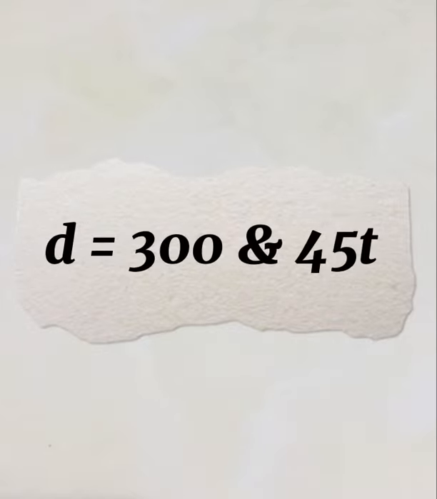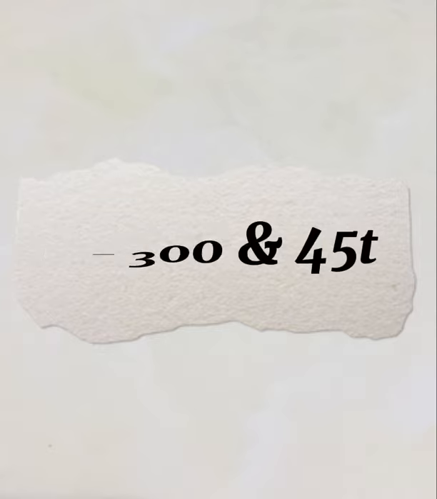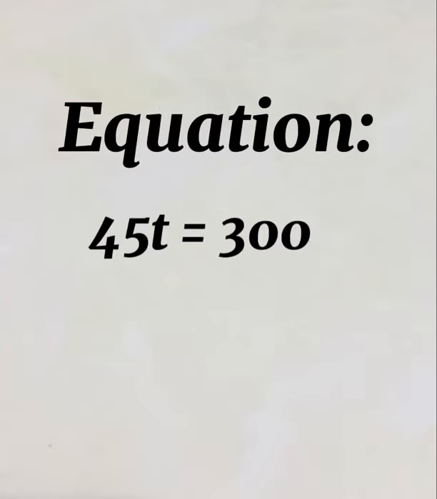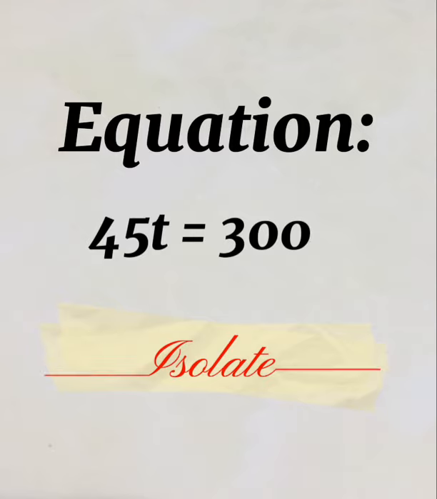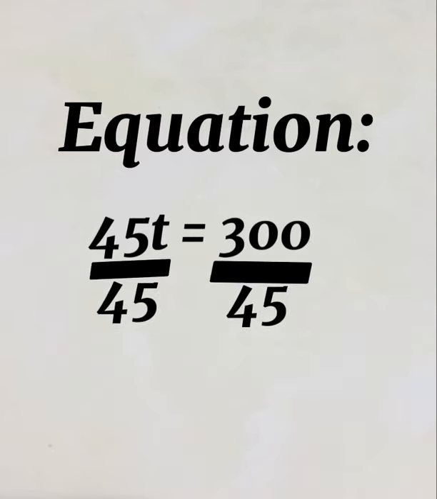Since the distances traveled in both cases are the same, we get the equation 45t is equal to 300. In this equation, we will isolate the variable t, and in order to isolate it, we will divide both sides by 45.